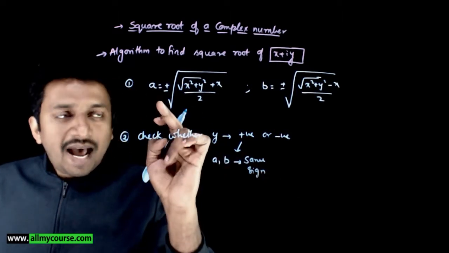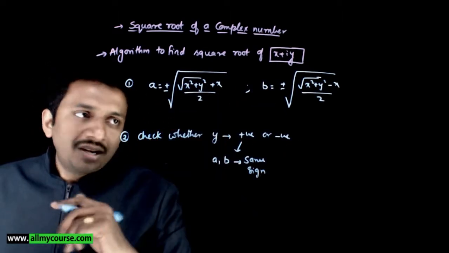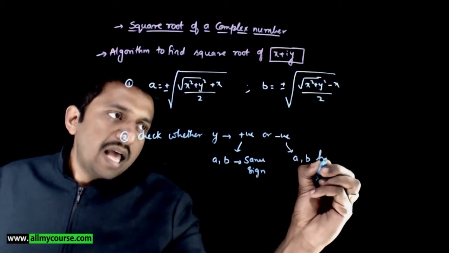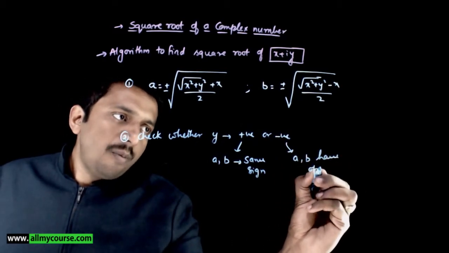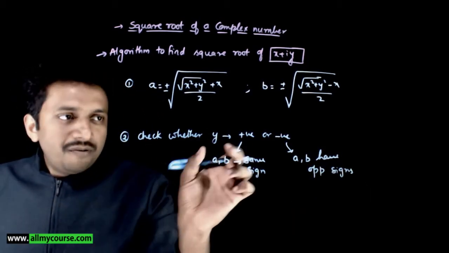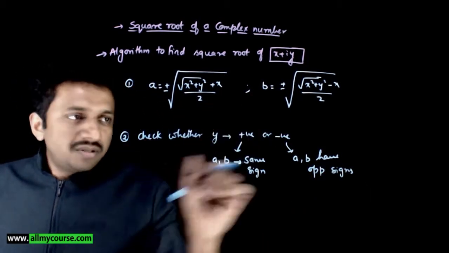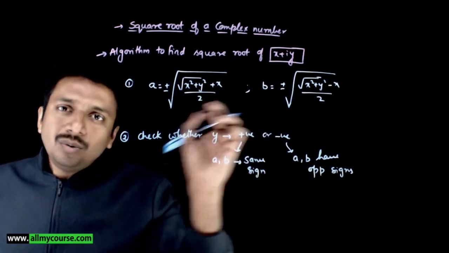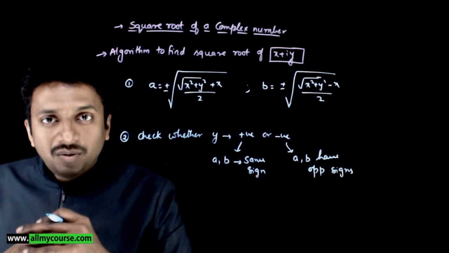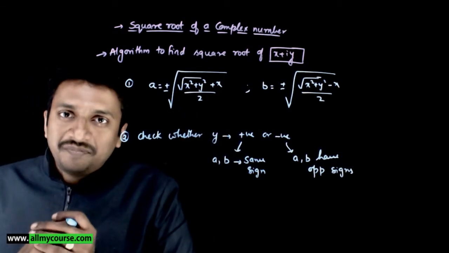That is, take either both positive or both negative. If y is negative, a, b have opposite signs. So if y is positive, you get two square roots. If y is negative also, you get two square roots. So these two will be the answers to the square root of x plus iy.